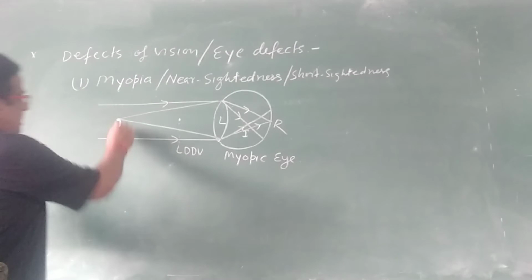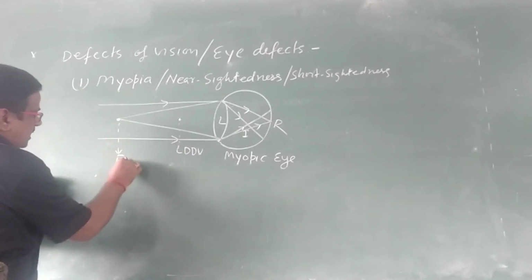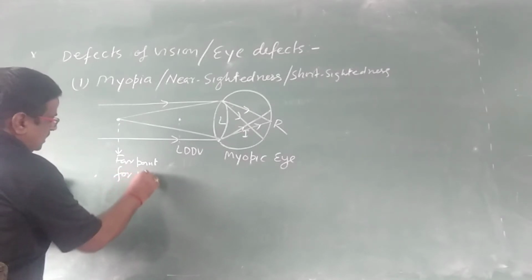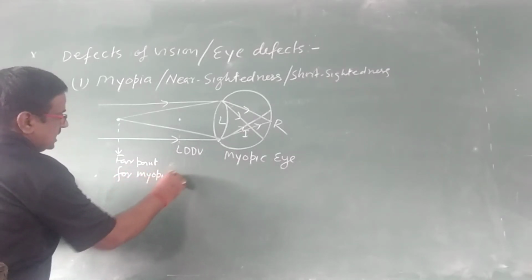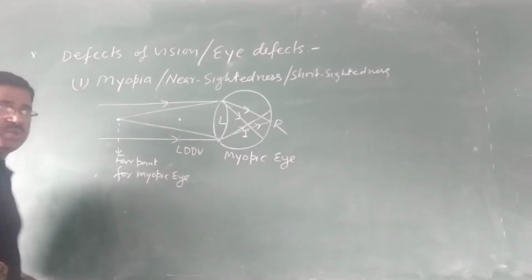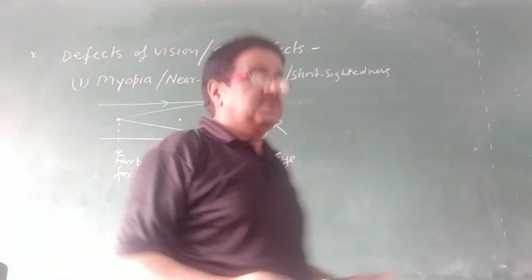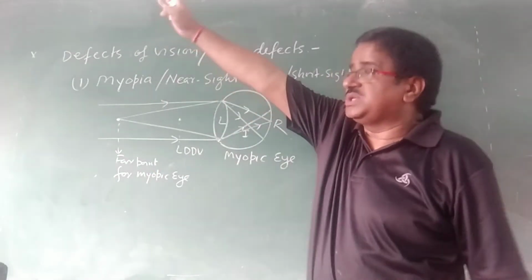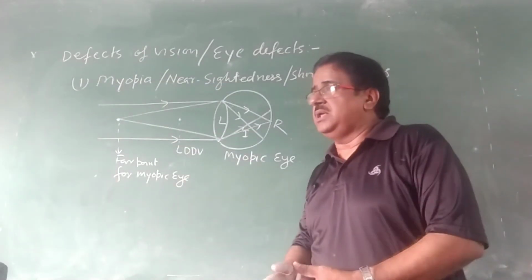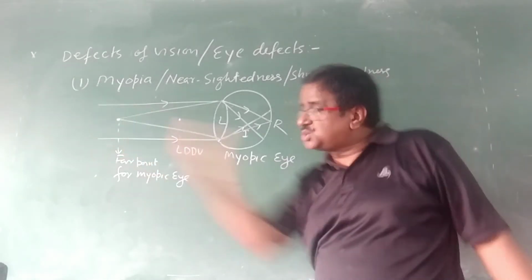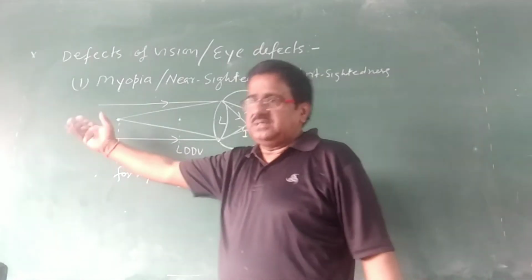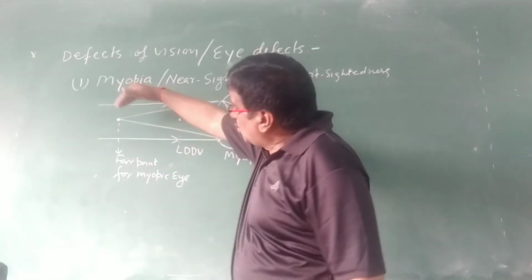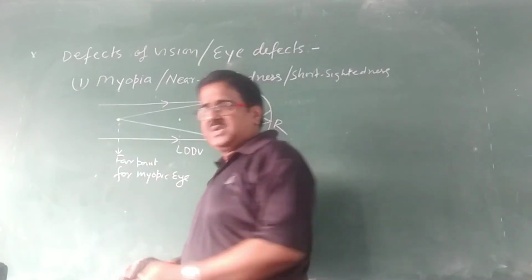So this is the far point for the myopic eye. What happened? The far point, which was infinity for the normal eye, reduced to some extent. It came here. The far point which should be infinity has reduced to this. Okay?